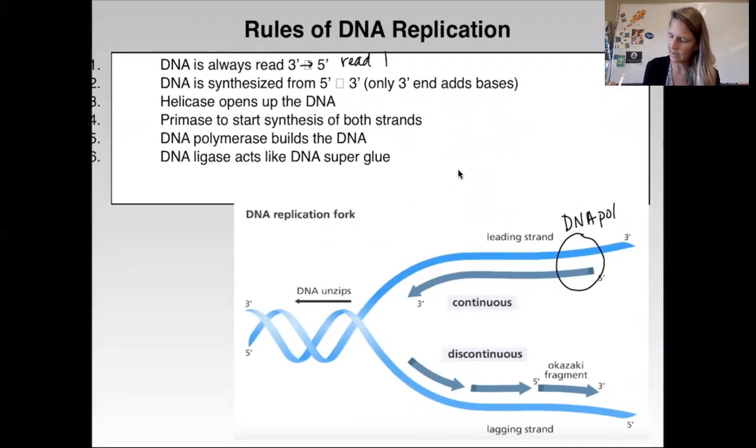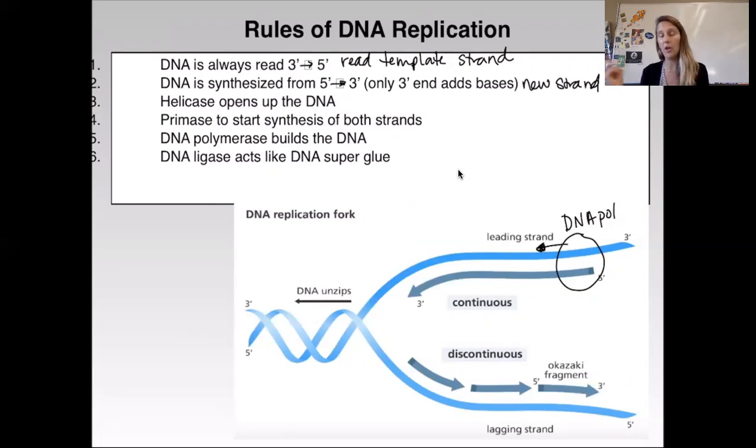The DNA is always synthesized 5' to 3'. So that's the new strand, right? So as you can see, polymerase would be moving in this direction, reading that template strand. However, the new strand is going from 5' to 3'.